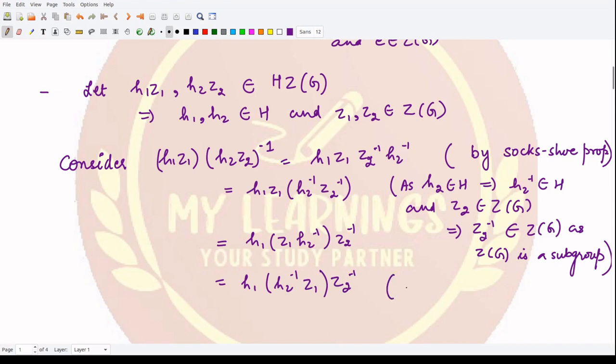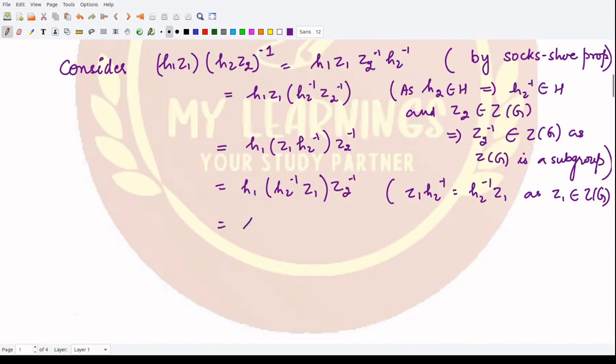Here z1 h2 inverse is equal to h2 inverse z1, as z1 belongs to the center and all the elements of the center commute with all the other elements of G, and definitely h2 inverse is present in H, so it will definitely be present in G, correct? So this is h1 h2 inverse, z1 z2 inverse. Now you can make use of the associative property to write the brackets like this.